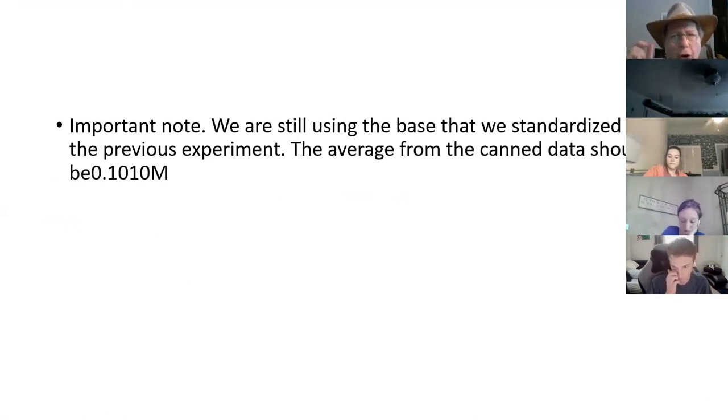So I want you to start fresh now. Write down that the base concentration is 0.1010 molar. That is what you're going to use as your concentration of your base for this week's experiment, not Tuesday's experiment.